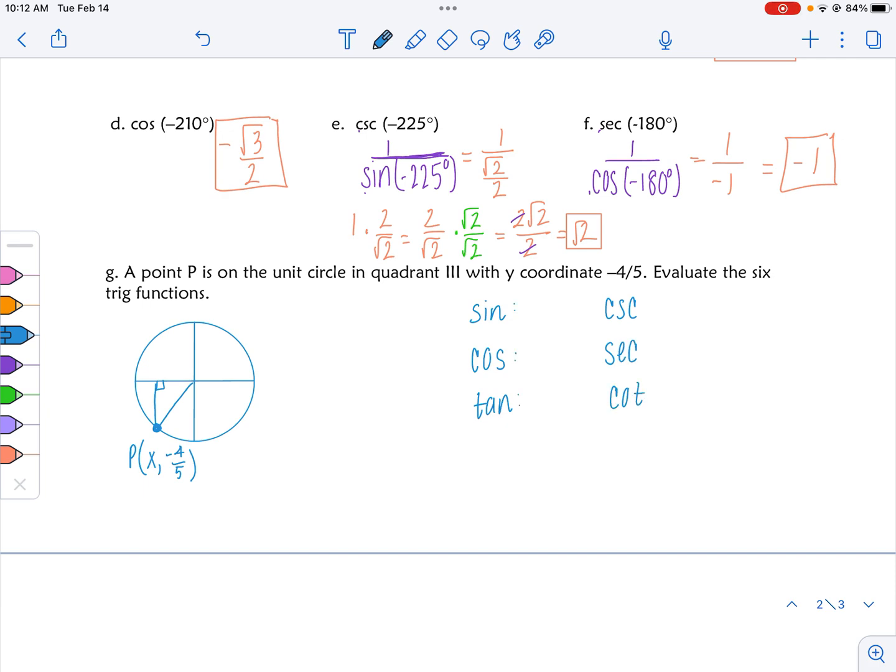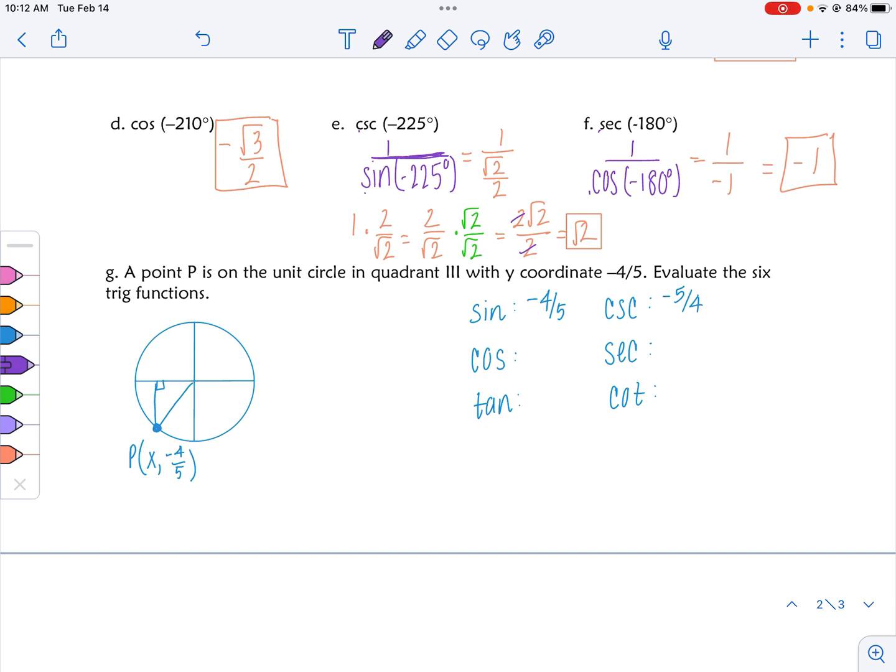And already, because we're given the y value, we are actually given one of the trig values. Remember, y is sine. So without doing any algebra, I know that the sine is -4/5, which means my cosecant is -5/4. Just flip the numerator and denominator. No math needed.